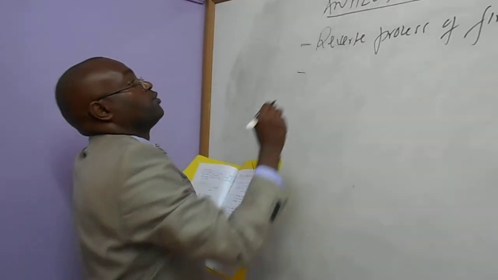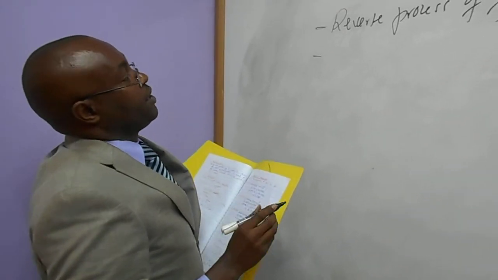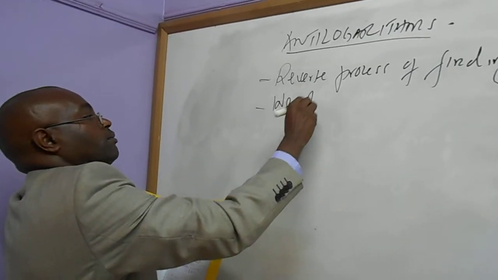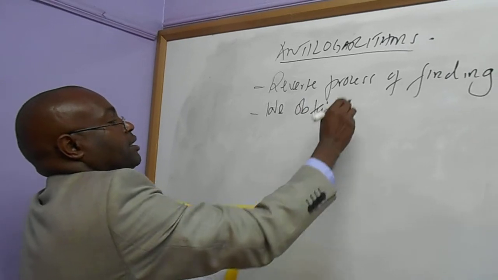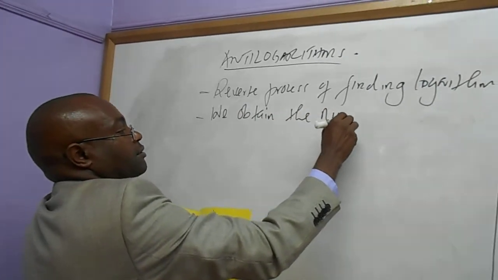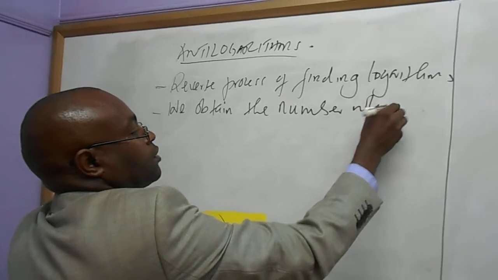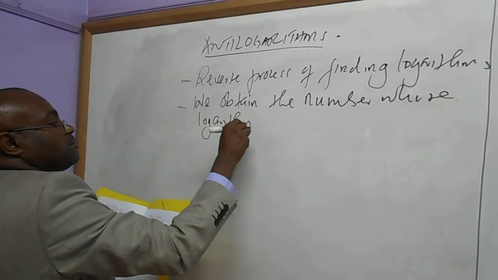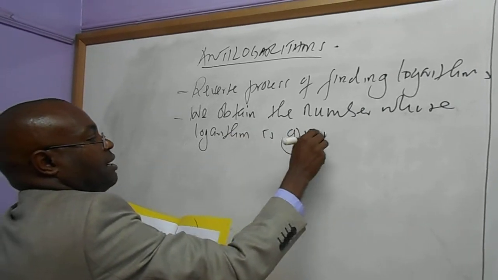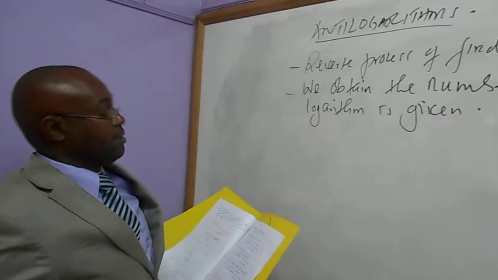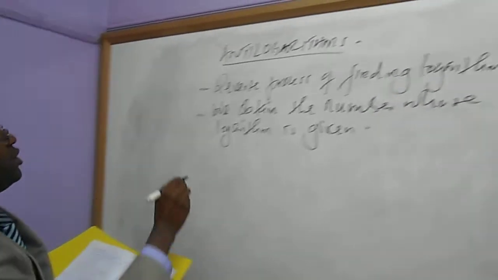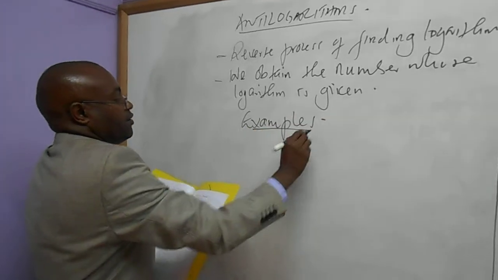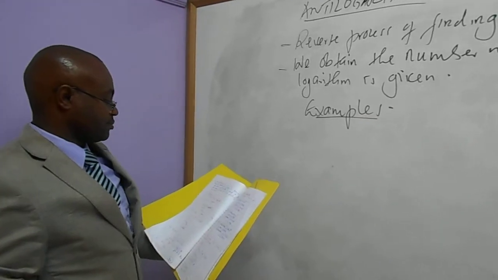So through the antilogarithms, we are able to obtain the number whose logarithm is given. And we are going to take one or two examples for us to understand this.